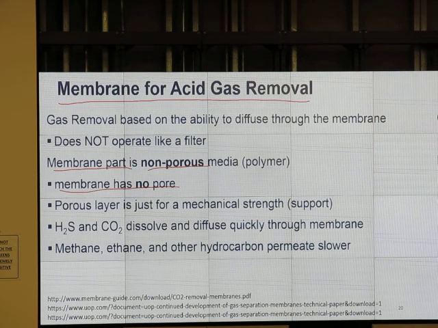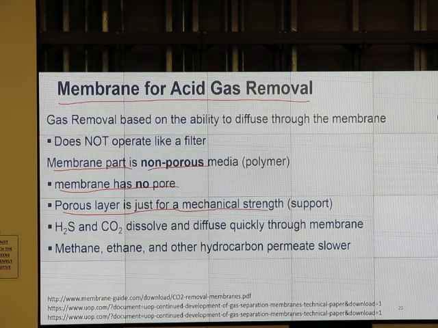Maybe if you see a membrane the first time, you think it has big pores and small pores, and big molecules can go through the big pores or something. It's not like that. It doesn't work like a filter. The porous barrier is just for mechanical strength, to support.